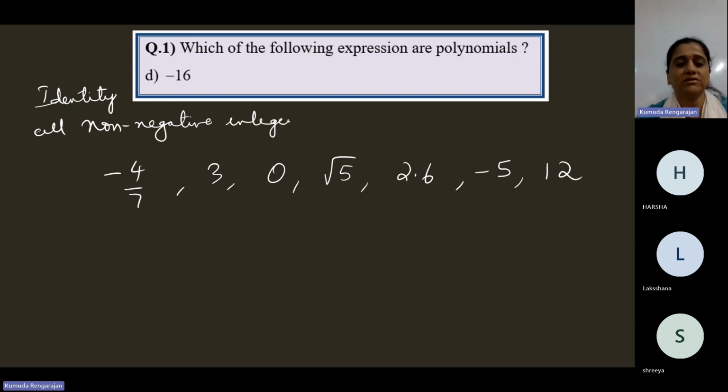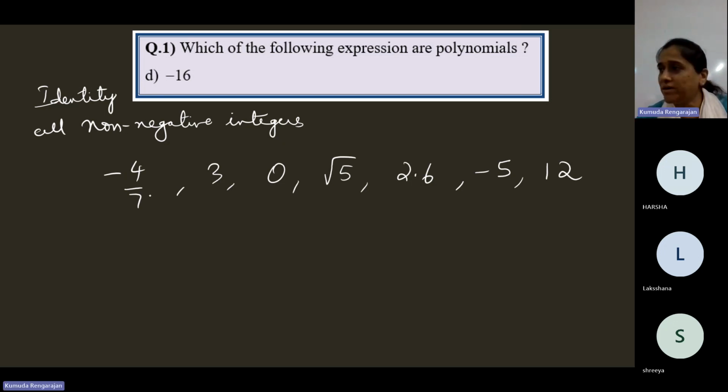Simple question, because we have 3 more minutes. I have given you a list of numbers here. From this list, I want you to identify all the non-negative integers. There may be only one or more than one.